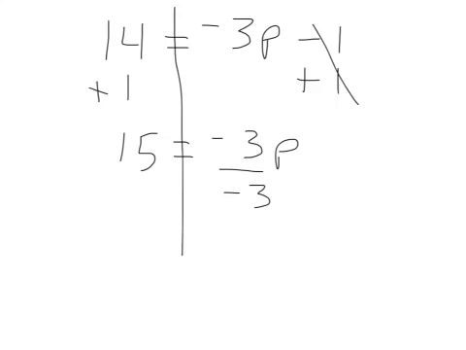So anytime we divide something by itself, so negative 3 divided by negative 3, that's going to give you just a positive 1. So anything divided by itself is just 1. So I'm going to get 1p on this side. And then over here, I want to divide by negative 3 as well, right? So 15 divided by negative 3 is negative 5. So in this problem, the value of p would be negative 5.